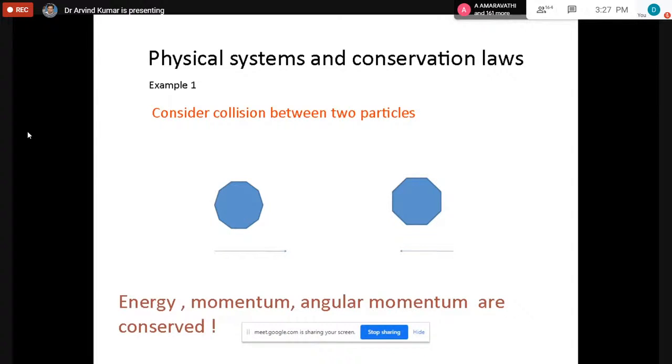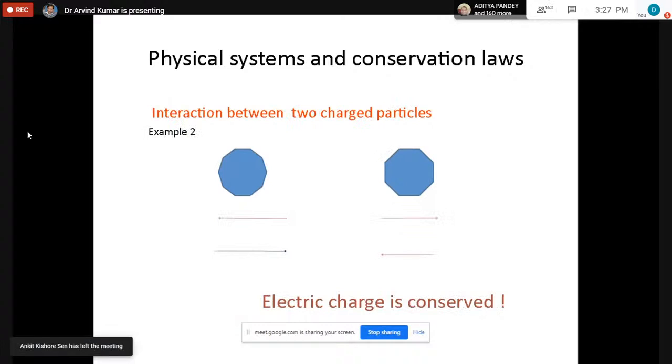Beyond that, next slide, please. Yeah. There could be other things which could be conserved. And that is different from classical physics. For example, if you're colliding two electrically charged particles, electric charge is also conserved.